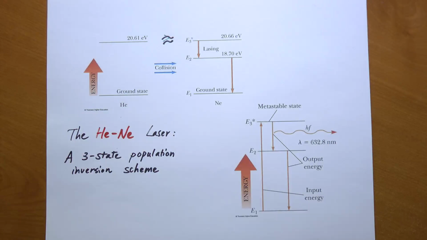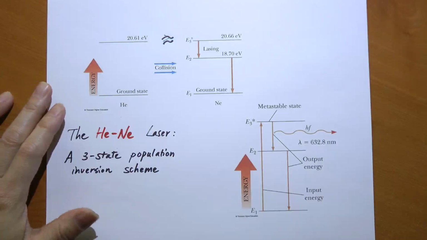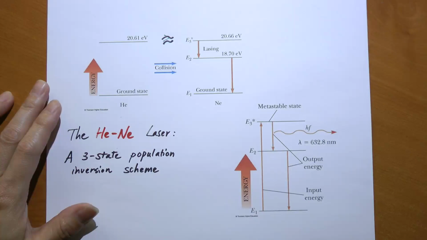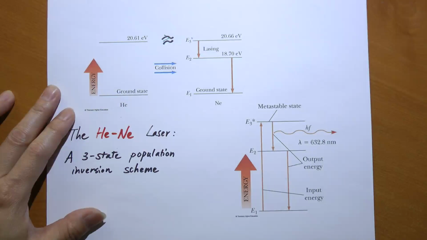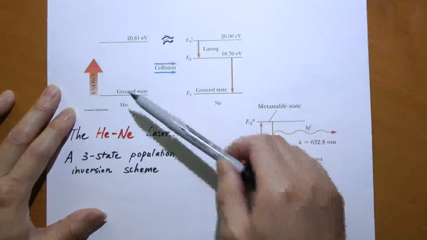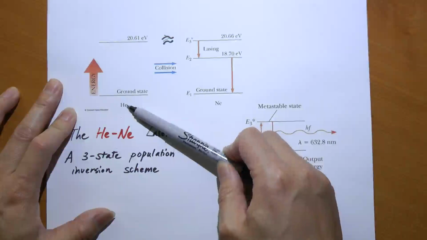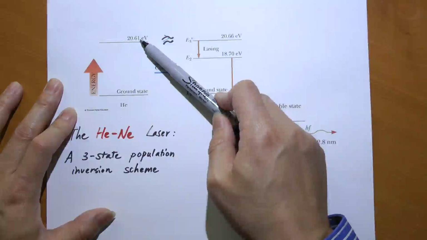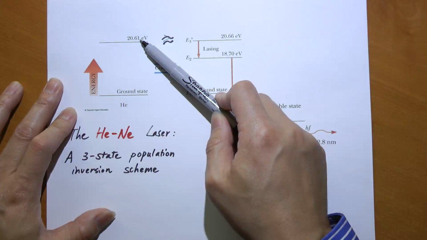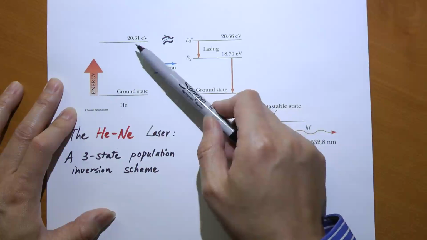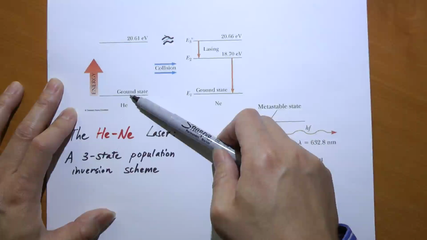So here's the thing. You put HeNe gas in a chamber, and you apply a high voltage so that you ionize the atoms, so then they will accelerate under the influence of the high voltage difference at very high speed. They have a lot of kinetic energy. And this helium has a ground state, and here is the first excited state, which is about 20.61 eV above the ground state.